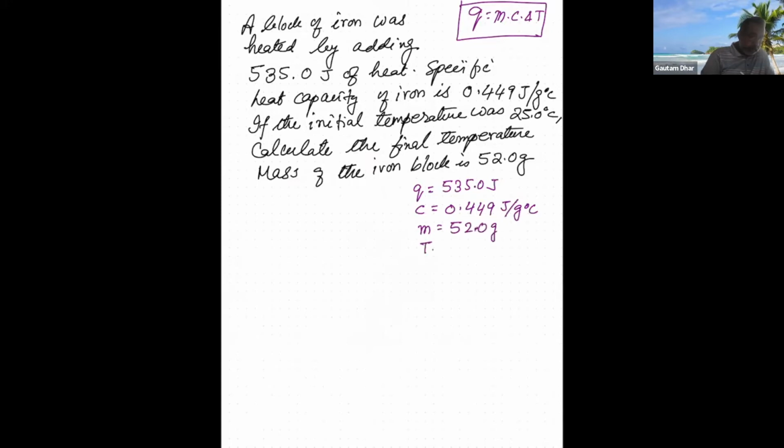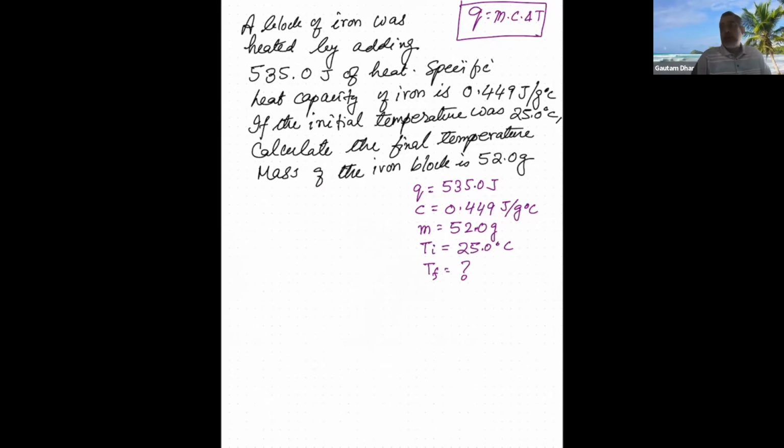And I have Ti, and I need to find out the Tf. So this table basically summarizes the whole question. But you should always go back and check that you have noted down the numbers correctly.